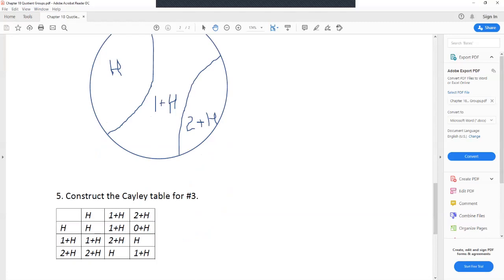Usually in abstract algebra, for simplicity, we simply refer to all of the operations as multiplication. Of course, this is addition. So if you're confused, since we're working with Z, you could think of it as adding H and H, or adding H to 1 plus H. But either way, this is the Cayley table for problem number 3.